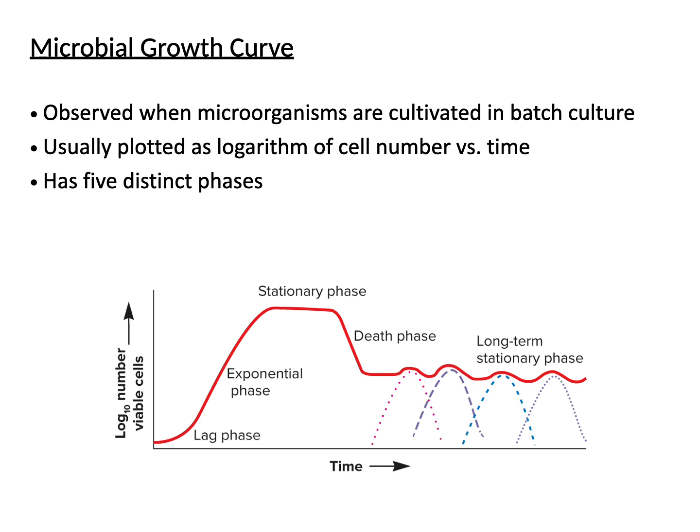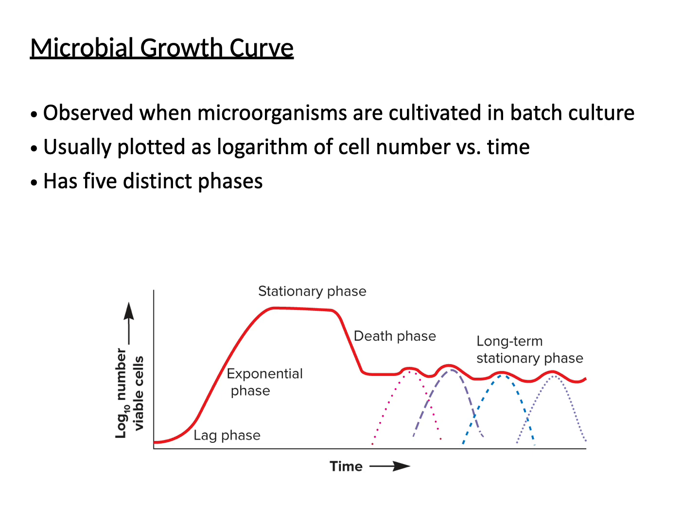And then eventually what happens is that there's too many toxins, there's not enough nutrients to support that population, and you'll actually see a decrease in the number of cells. And remember that this is viable cells, and so more of the cells will die, and so you see this drop in the number of cells, and that is the death phase.